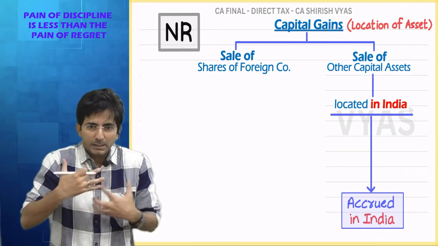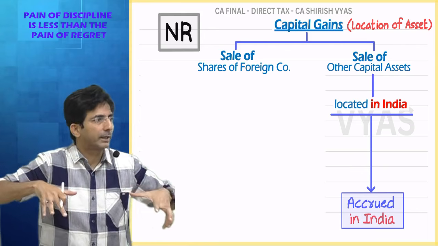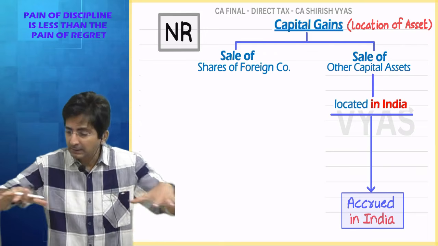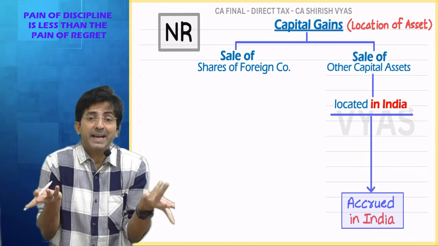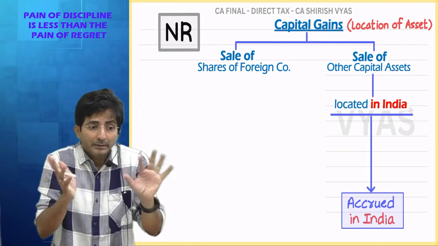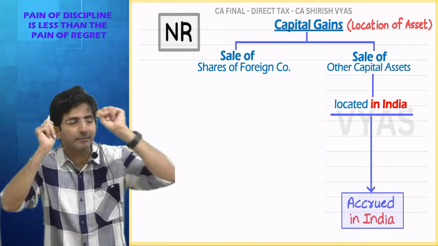I hope you understand what I am trying to say. Some assets, we can see their physical location, like land, gold, houses. If they are physically seen in India, capital gain accrued in India. But what about shares, debentures, bonds, securities? They don't have physical existence, so we have to see the company.